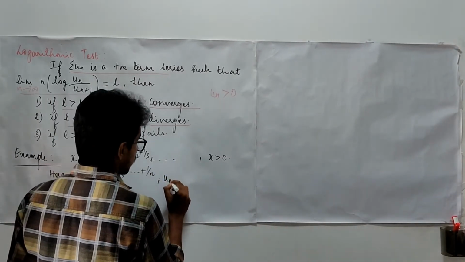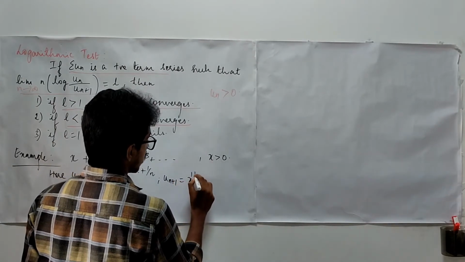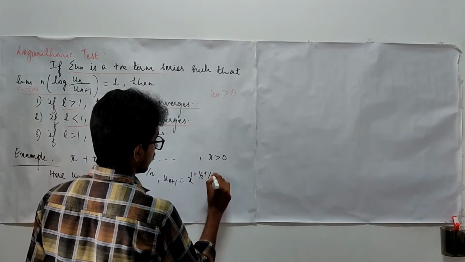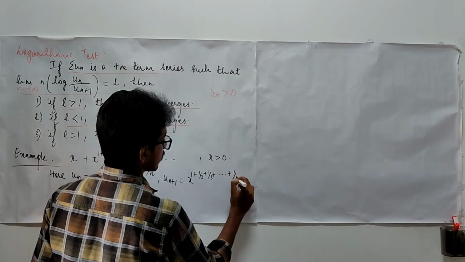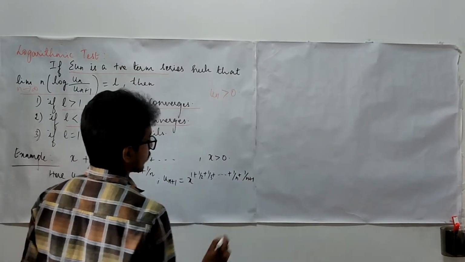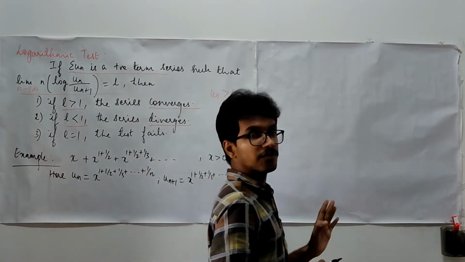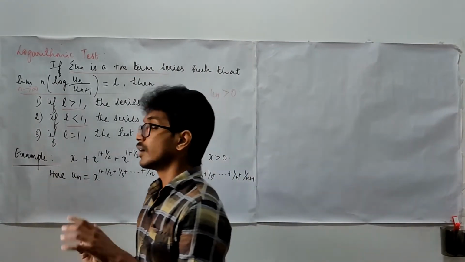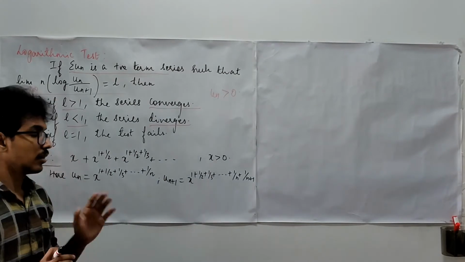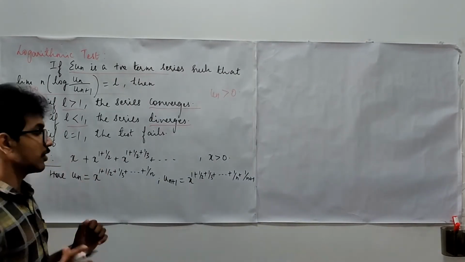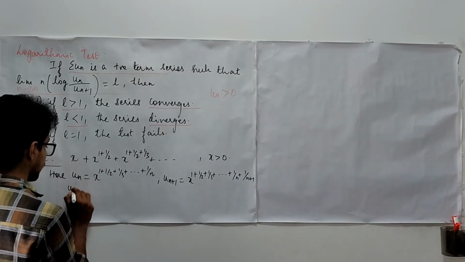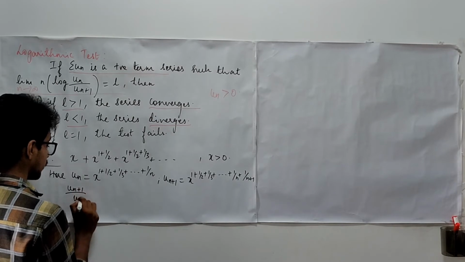So, un plus 1 will be x power 1 plus 1 upon 2 plus 1 upon 3, and it goes till 1 upon n plus 1. From these terms itself, we can easily see that D'Alembert's ratio test will be applicable to this, and let us find un plus 1 upon un.